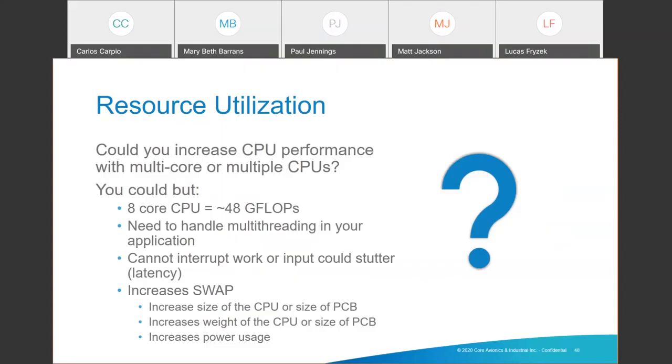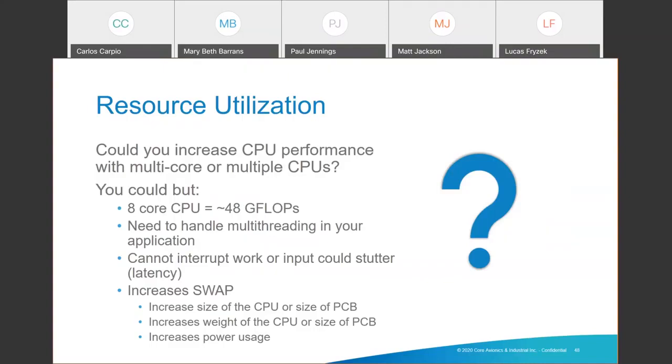Running on multiple CPU cores, you now have to worry about multi-threading in your implementation since you're going to be sharing data across the CPU cores. We still have to worry about interrupting the work. So if the CPU needs to do another task, we could stutter the input since it's switching what task it's working on.